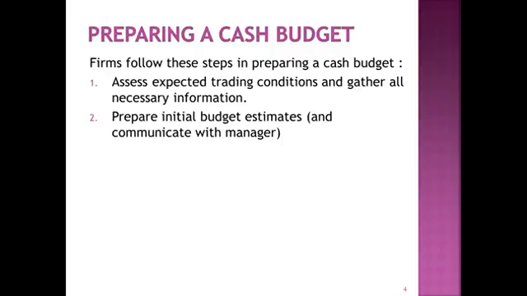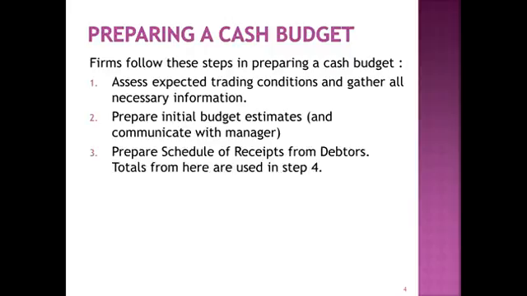Remember I said that we often build a budget from the bottom of the firm up to senior management. Third, we prepare a schedule of receipts from debtors or accounts receivable, and the totals from here are used in step 4. Step 4 is we combine all the information that we have to prepare a cash budget.